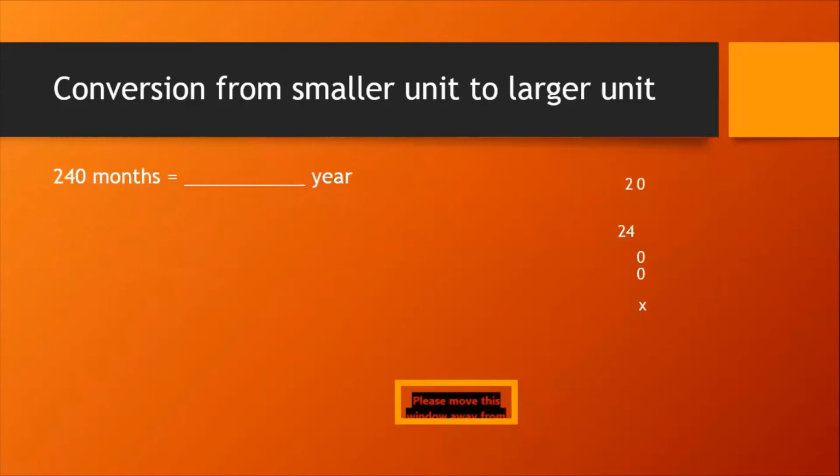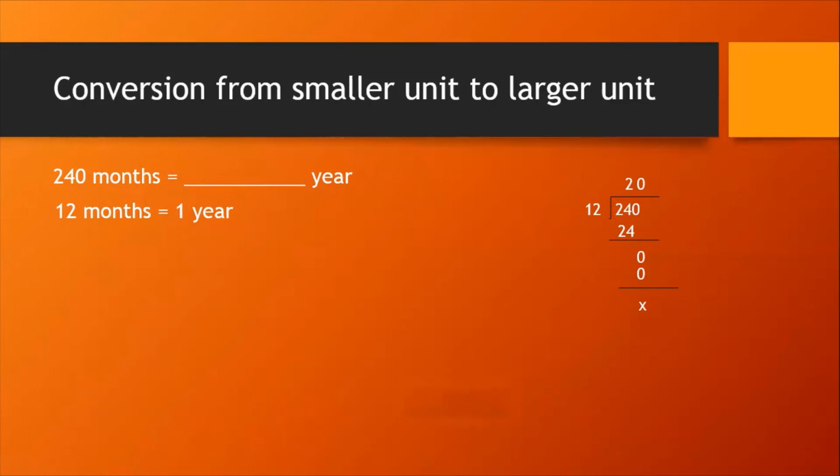This time, let's convert 240 months to years. We all know that 12 months is equivalent to 1 year. So this time we will divide 240 by 12. Let's start with 24. 24 divided by 12 is 2. 2 times 12 is 24.